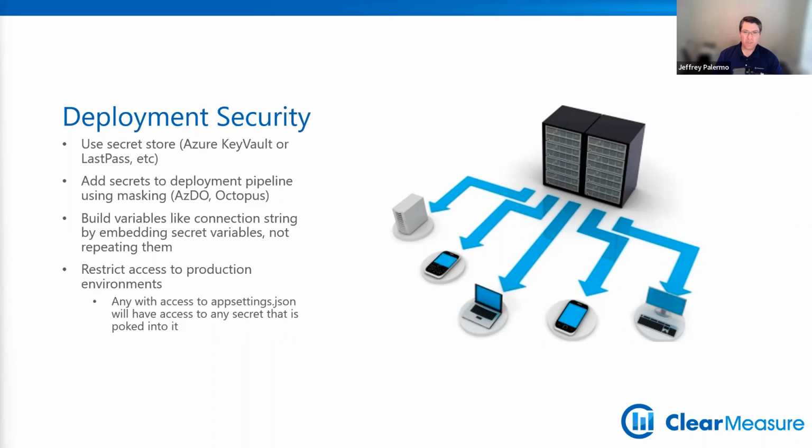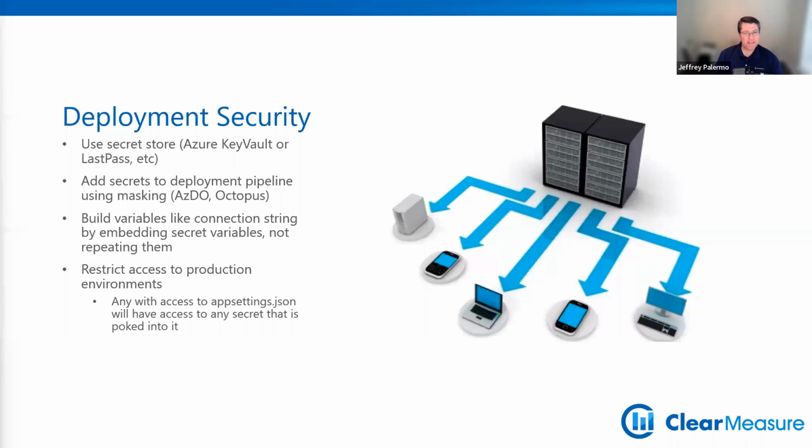And then in the environment itself, a lot of times, if we have access to a pre-production environment or production environment, it's normal for developers to have some sort of access, whether it's through the Kudu console or SSH, or in some cases FTP, if you're still using it, to the directories on the server that the code or the assemblies went to.